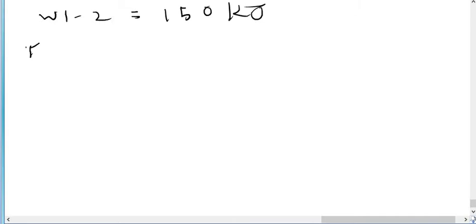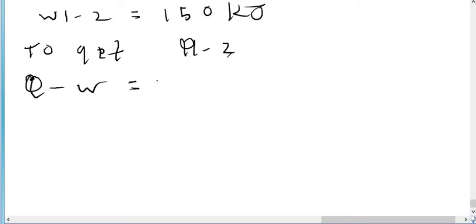So to get the heat transfer, we apply the first law of thermodynamics. Now temperature is constant, so Q minus W is equal to dE, that is the change in energy. If temperature is constant, what will this be?